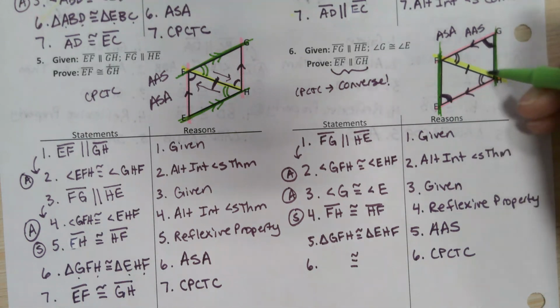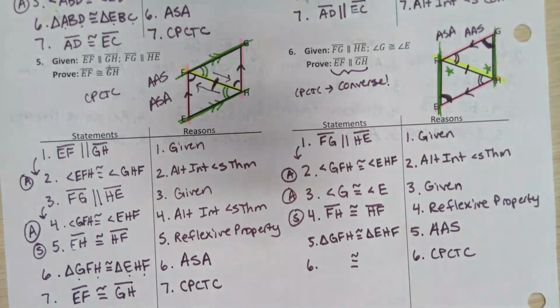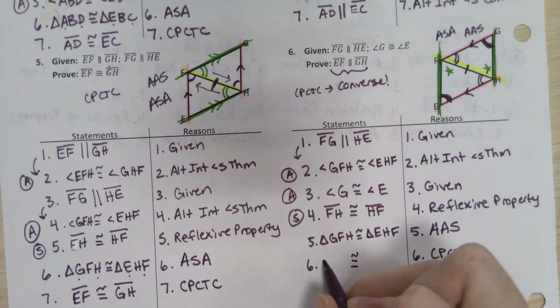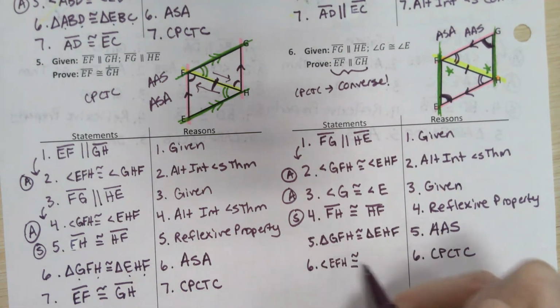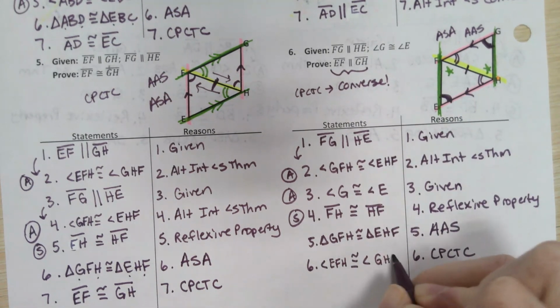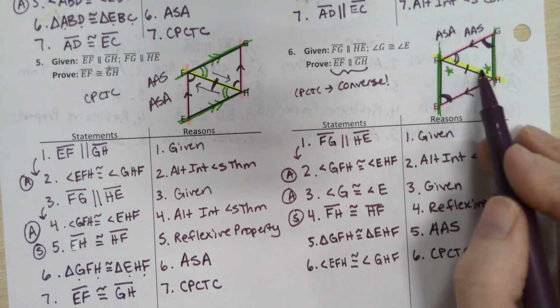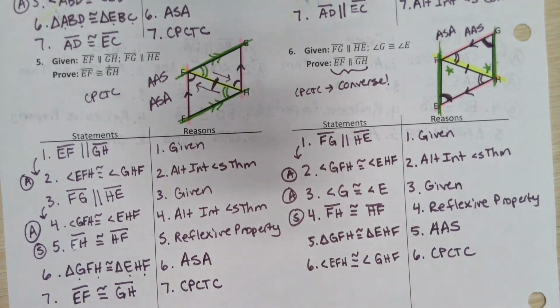If I stick with that same transversal, I think the key is those two angles in the corner. If angle EFH were congruent to angle GHF, those look like alternate interior angles to me, which would then force these sides to be parallel using a converse.